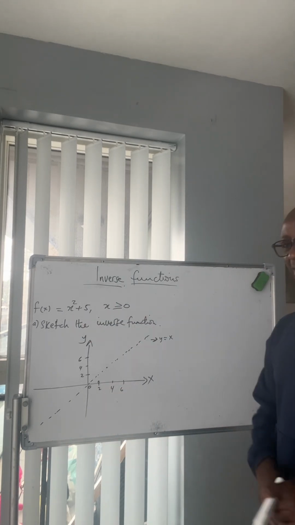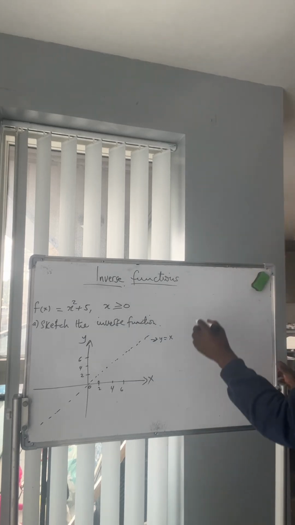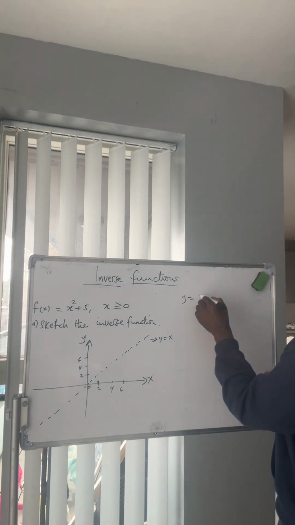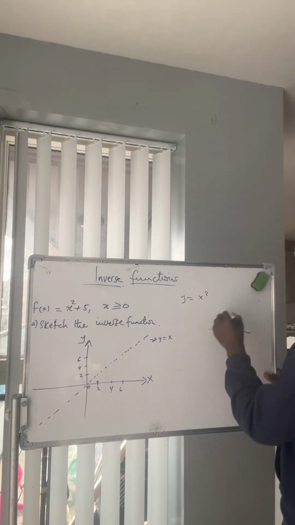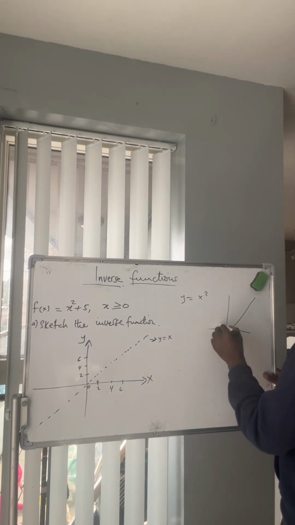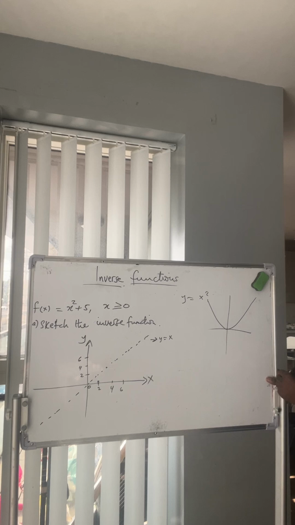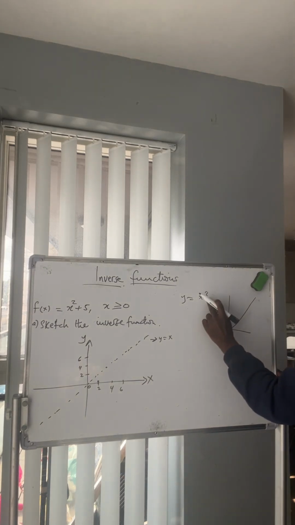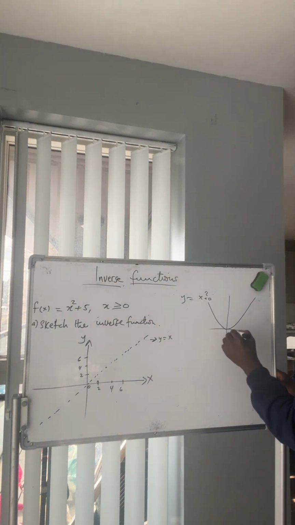If you want to plot the graph of y equals x squared, you know it goes through the origin like this. It's a quadratic graph. Because what you have here is x squared plus 0, it goes through the origin.